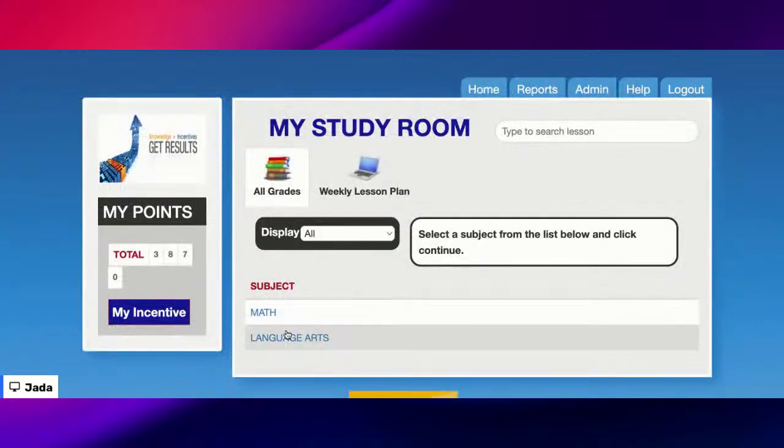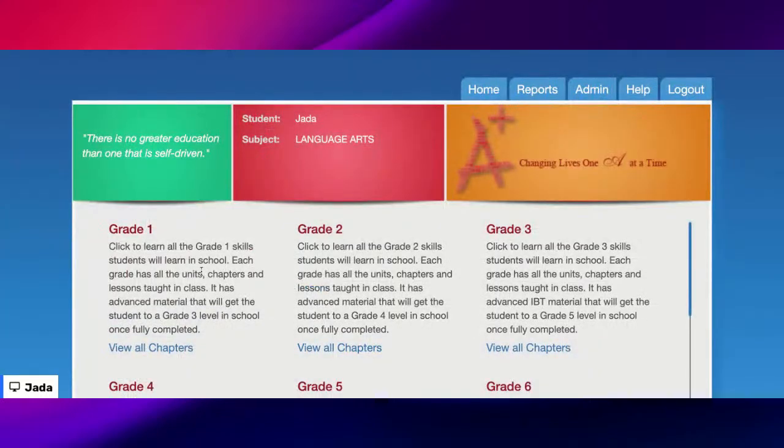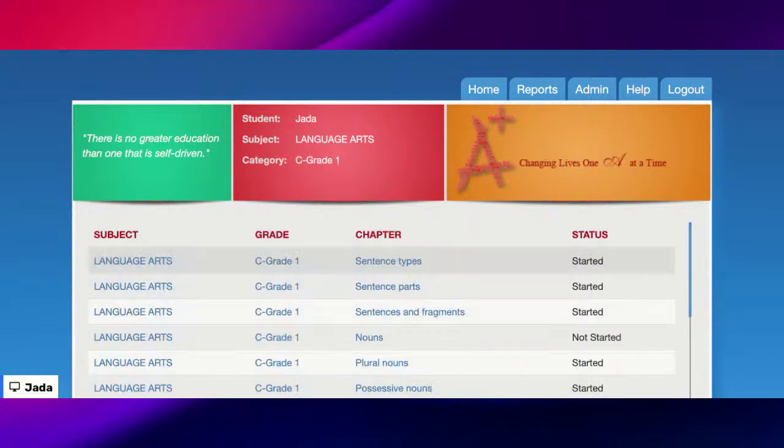Then you move on to language arts, and we will go to grade 1 since we are having the grade 1 context clues today.